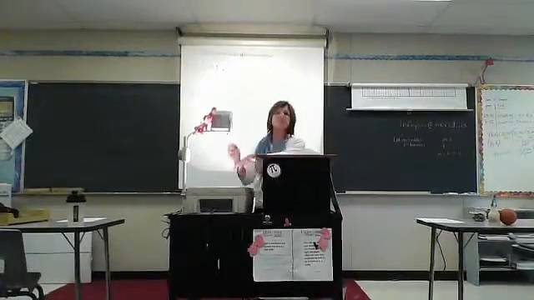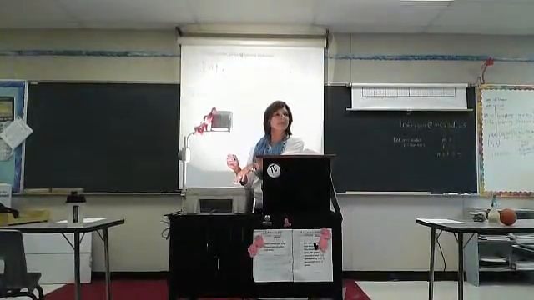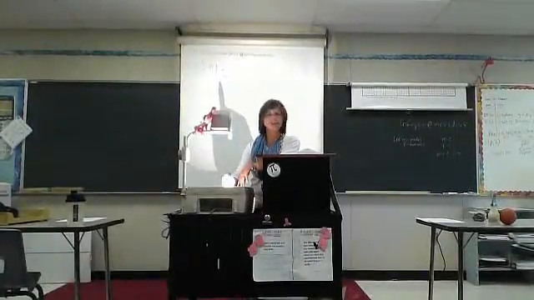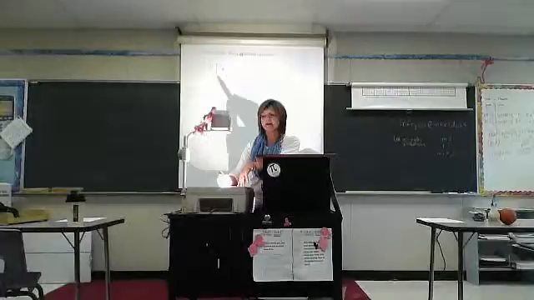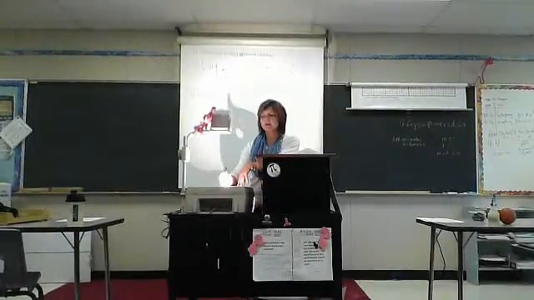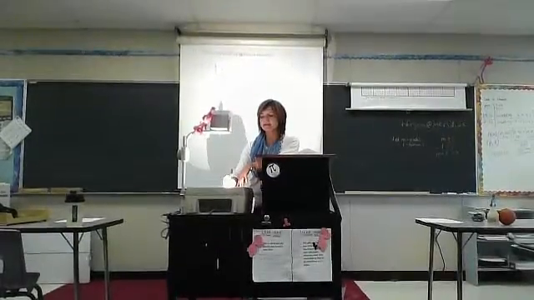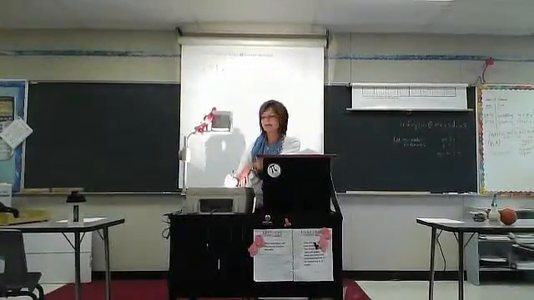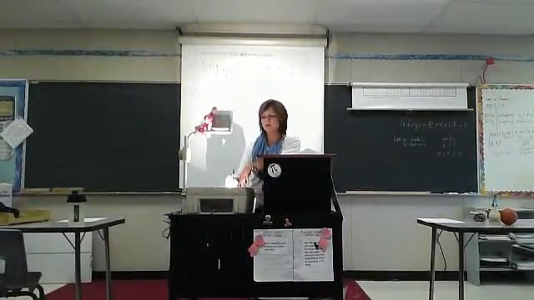Let's look at B. B is direct, because that's a line, and lines are y equals mx plus b, but it's going through the origin, so that's a variation of y equals kx.